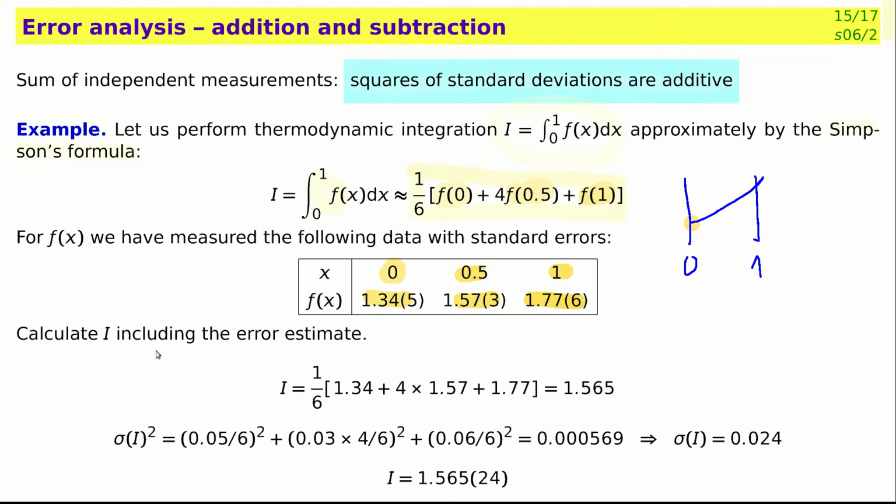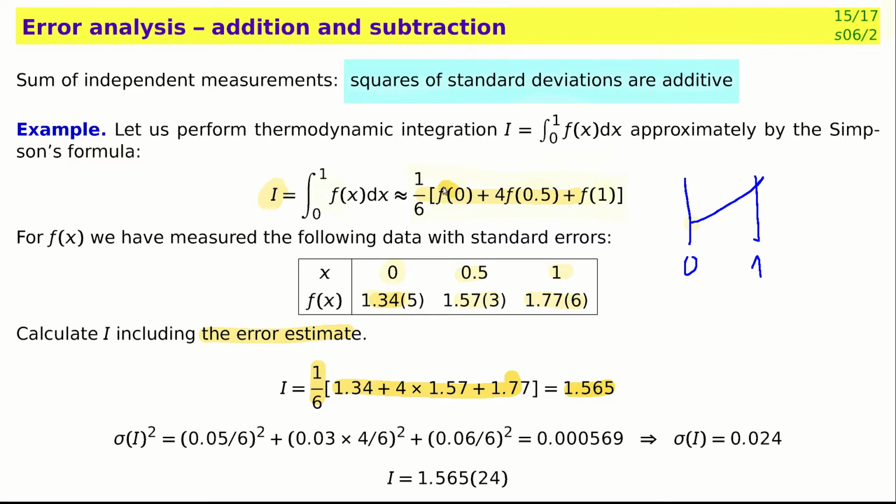And our task is to calculate this value given by this formula, including the error estimate. So to calculate the value, it's easy. So just put these values into the formula, which is here, and I calculate it. No problem. But what about the errors?